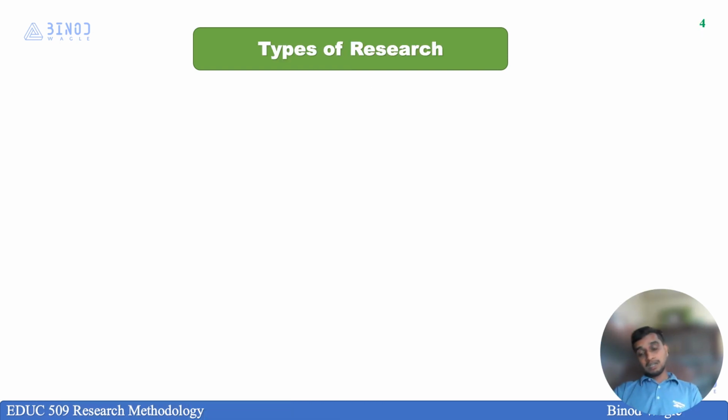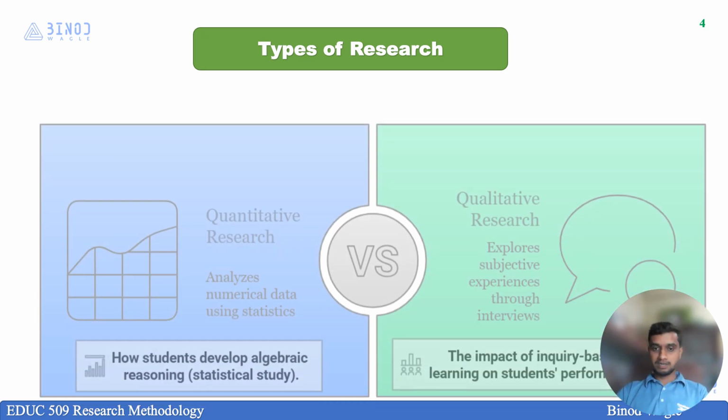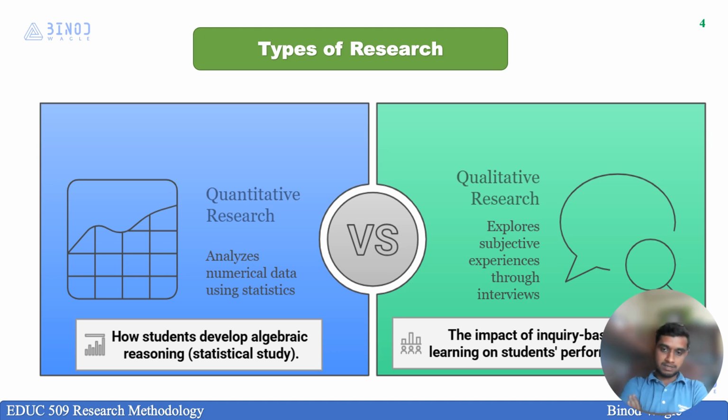Let's go to the types of research. Okay, types of research. What do you think? How many types of research? I have included here two types. By the way, mixed method can also be considered as a third type. First one is quantitative, and the second one is qualitative research.